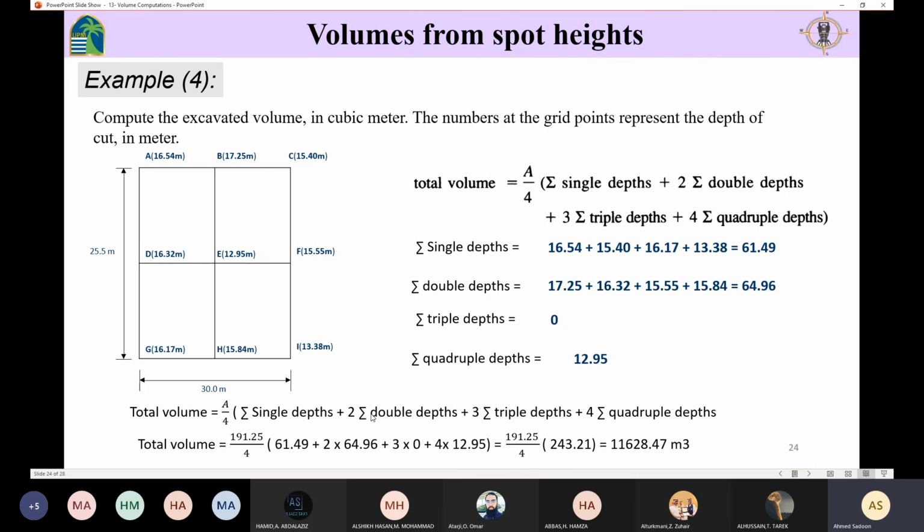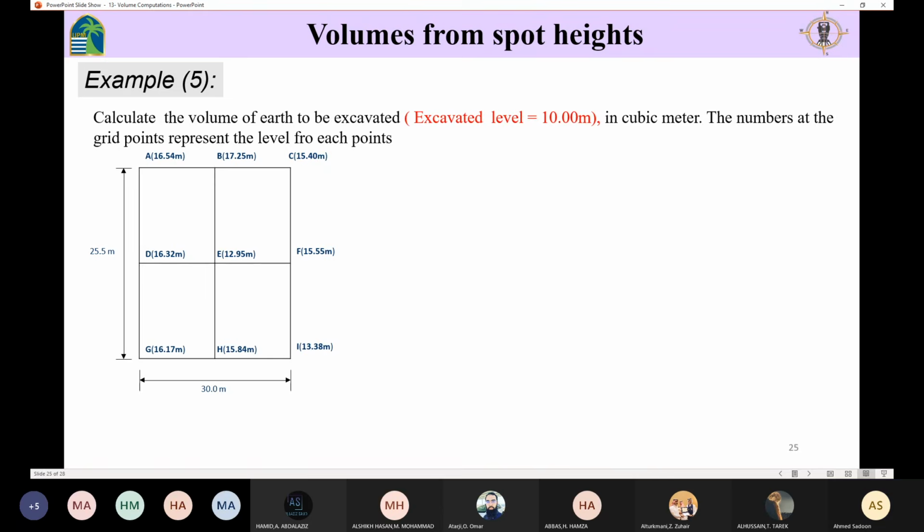This one is going to be multiplied by 2, this one by 3, and this one by 4. And here is the volume for this grid. This volume needs to be excavated in order to create a basement or reservoir.